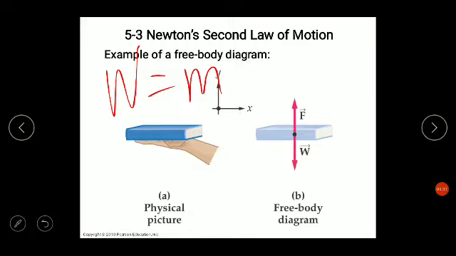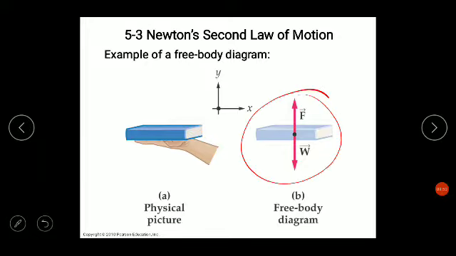You have to remember that. The weight is always going downward. It is plotted along the y-axis. And then the force going upward is actually the force exerted by the hand of the person, so that the system itself is considered to be in equilibrium state.